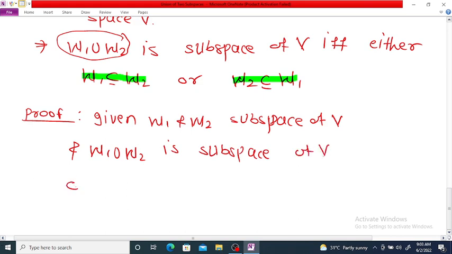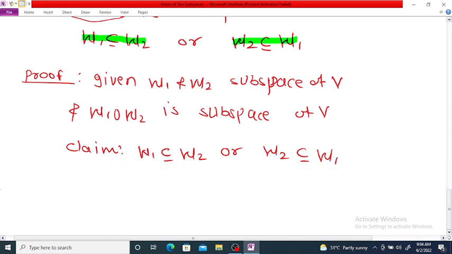We claim that either W1 is a subset of W2 or W2 is a subset of W1. So first we assume that. Now suppose W1 is a subset of W2, then the proof is trivial. Proof is complete.